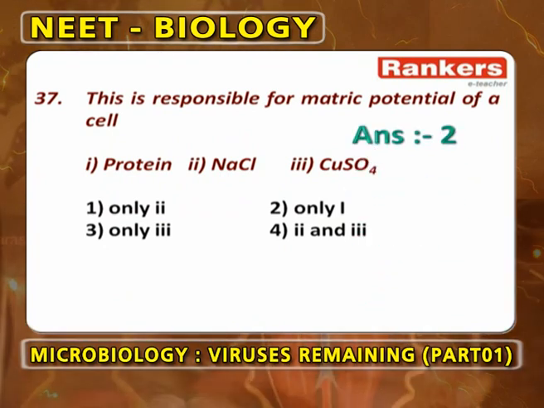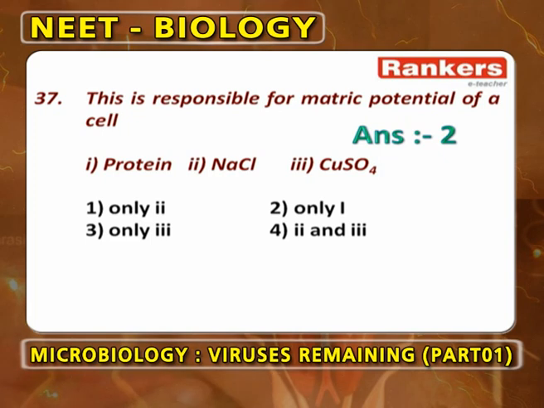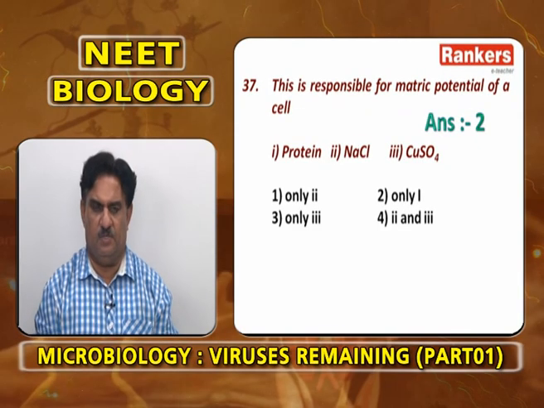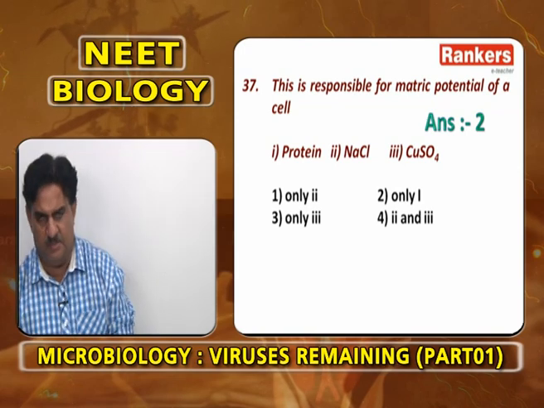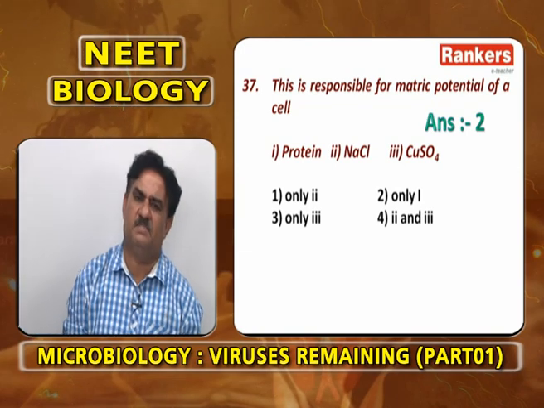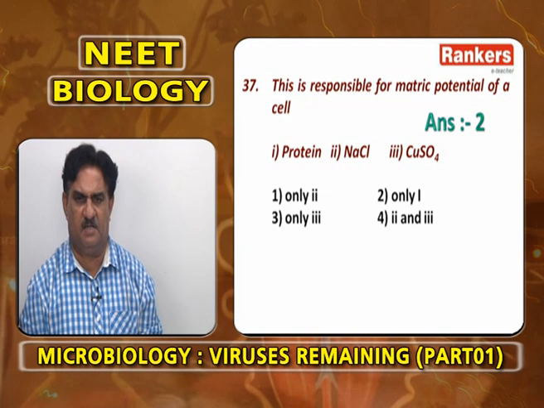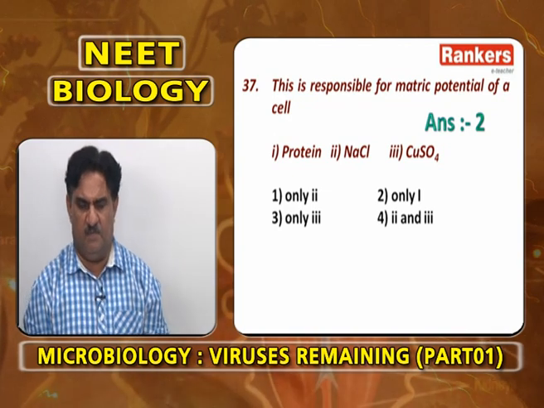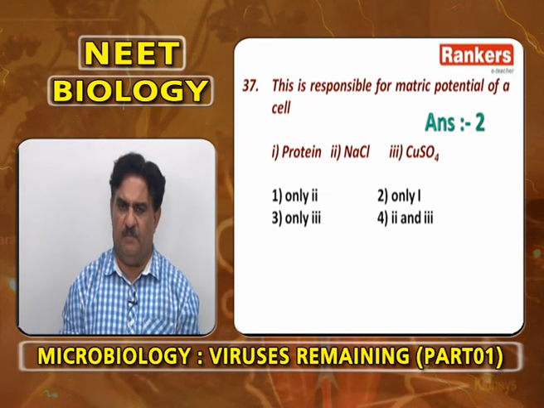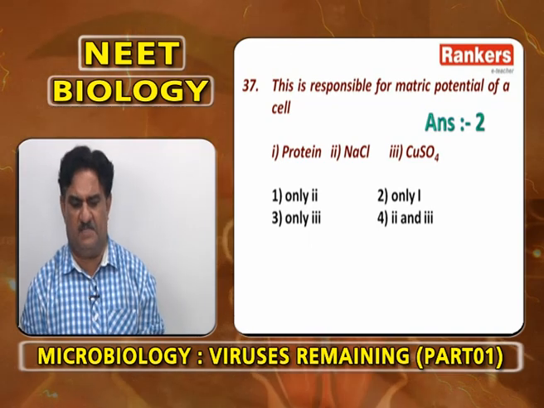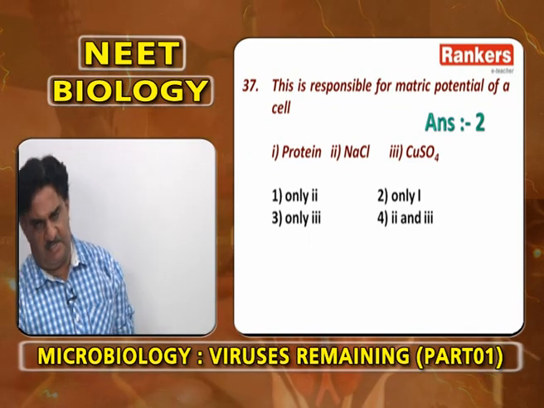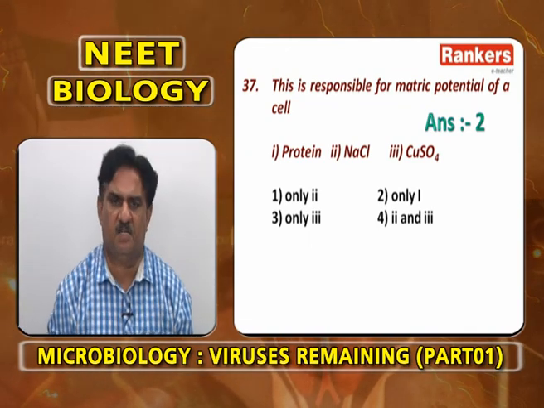This is responsible for matric potential of a cell. Protein, sodium chloride, copper sulfate. Sodium chloride and copper sulfate are solutes which dissolve in water, increase concentration and reduce the water potential. Protein absorbs the water at the surface level. Definitely proteinaceous seeds show more imbibition than starchy grains.